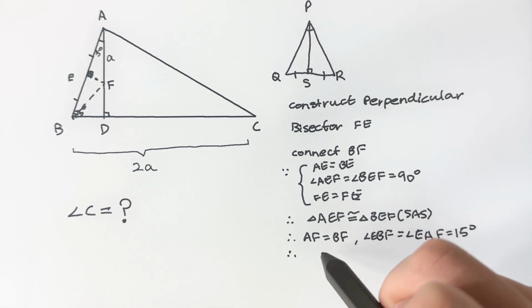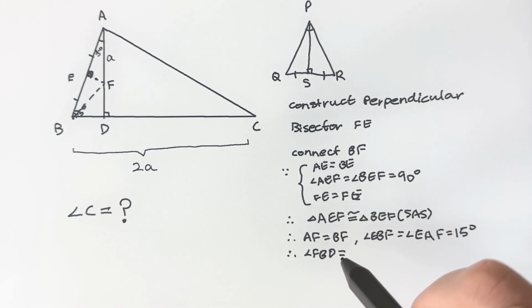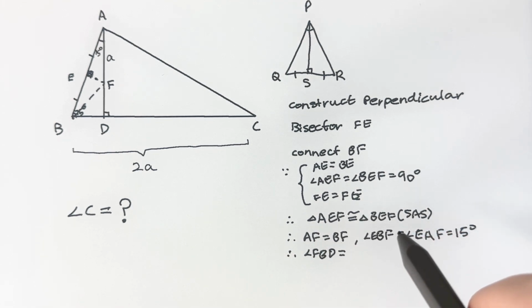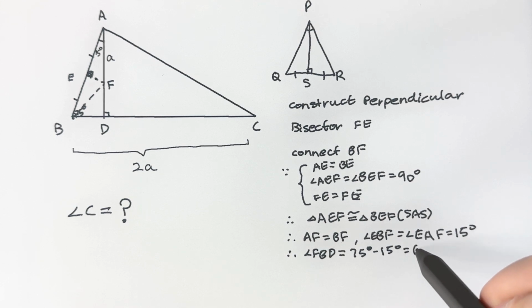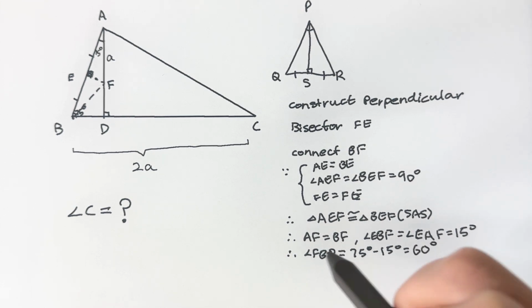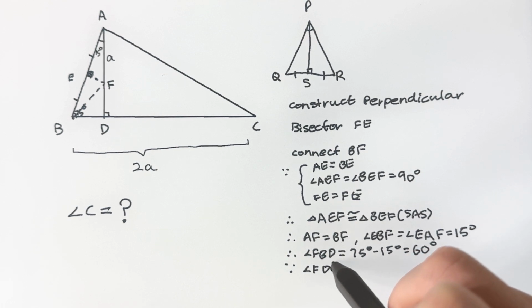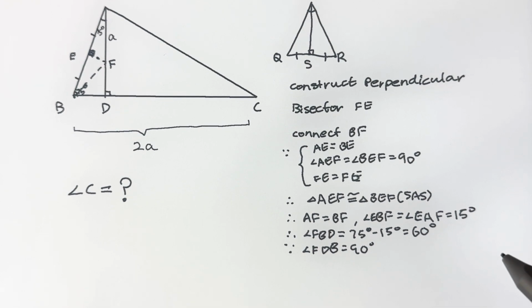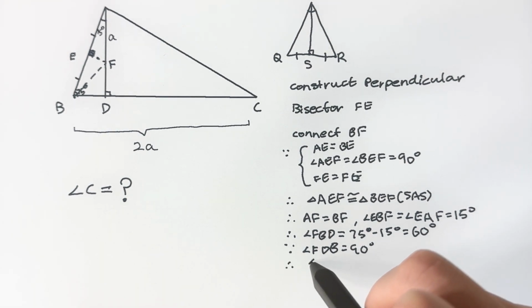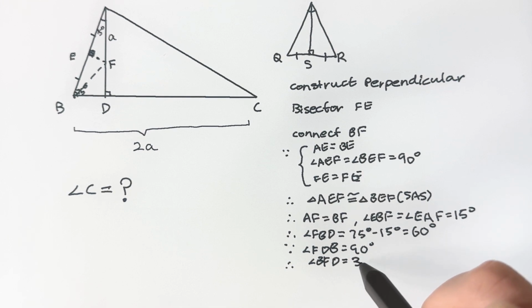So this will mean that angle FBD equals 75 degrees minus 15 degrees, which equals 60 degrees. Since angle FDB equals 90 degrees, angle BFD equals 30 degrees.